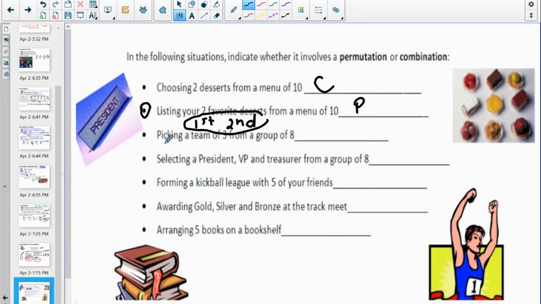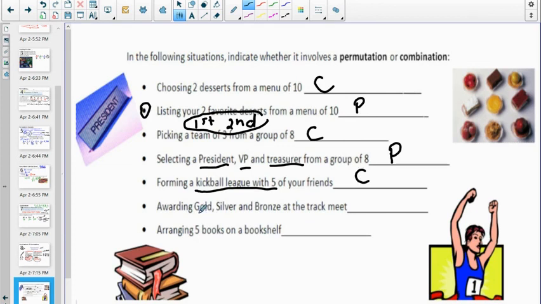Now, picking a team of 3 from a group of 8, do they have different roles? Does order matter? No, so that is combination. And then if you're selecting president, VP, and treasurer, different roles, so order does matter, so permutation. Forming a kickball league, 5 of your friends, do they have different roles? No, they're all on the same team, so it's combination because order does not matter.